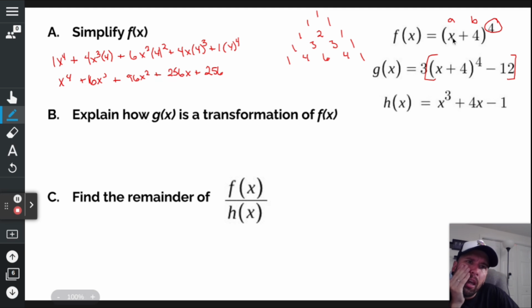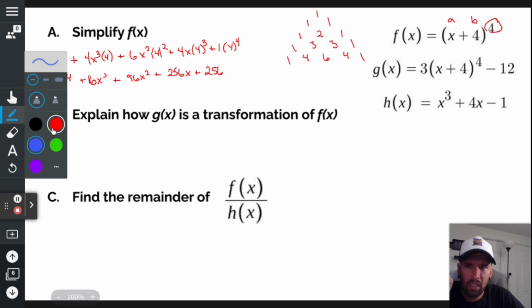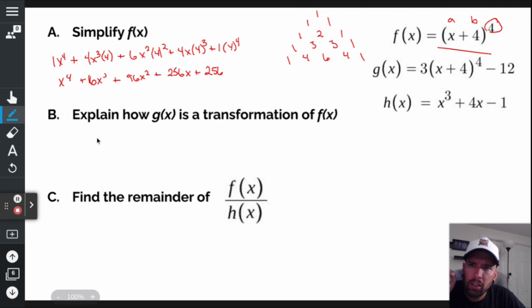Well, f of x is x plus 4 to the fourth minus 12. G of x is 3 times x plus 4 to the fourth minus 12, which means g of x is 3 times f of x minus 12.